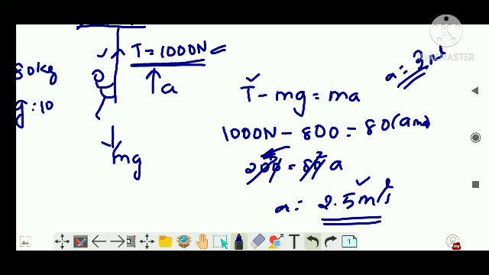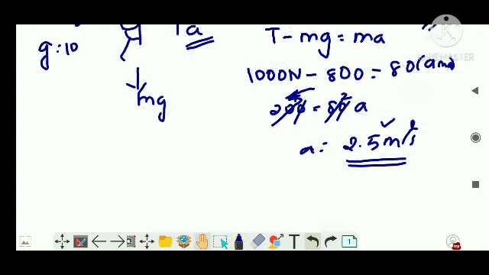Same theory, use it and try to find it. The difference is, in place of the motion being up, the monkey is going down, and the exact value of tension is not given. Tension is given as 3/5 of mg. Clear? Do it.